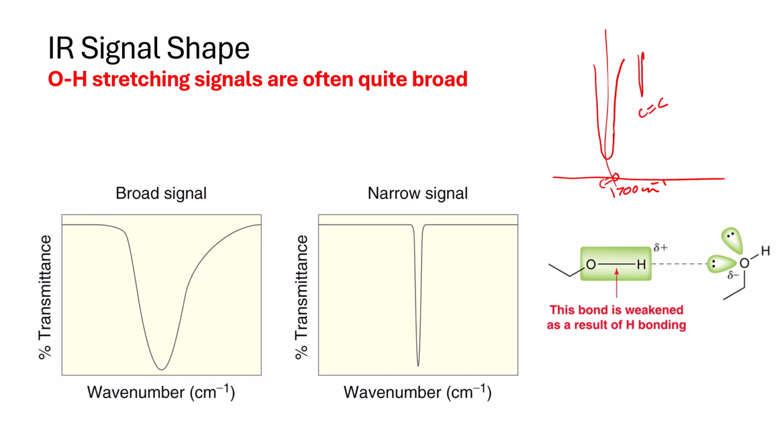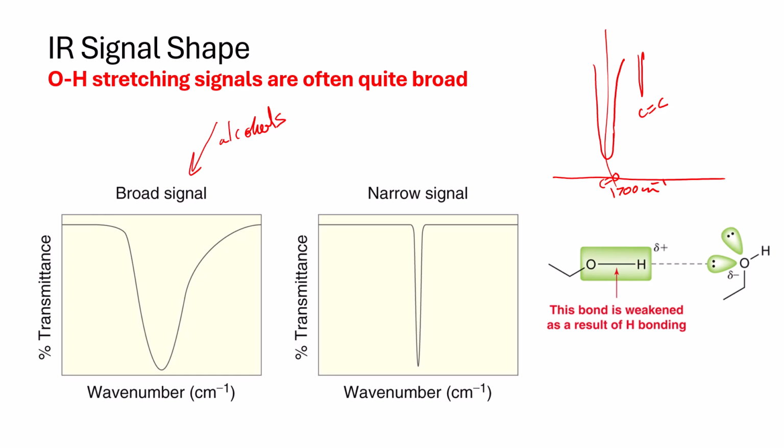But now, the broad signal is due, in many cases, to oscillations that change the nature of the bond. This is typical of alcohols, where we have hydrogen bonding interactions, as we see here. Remember the hydrogen bond is a dynamic process in the fluid: hydrogen bonds form and break, and you form new ones.